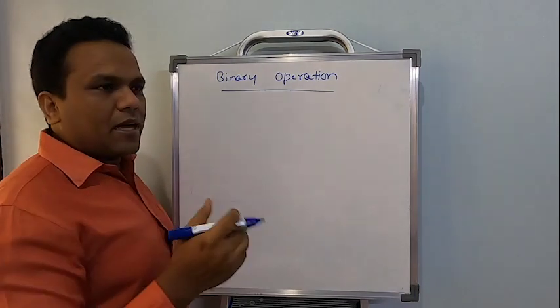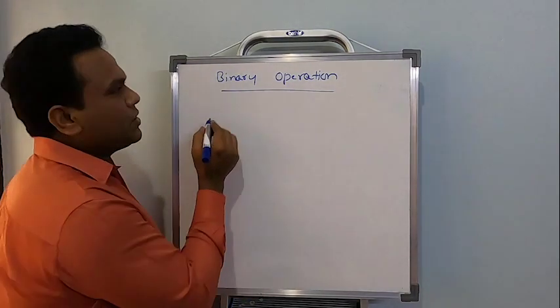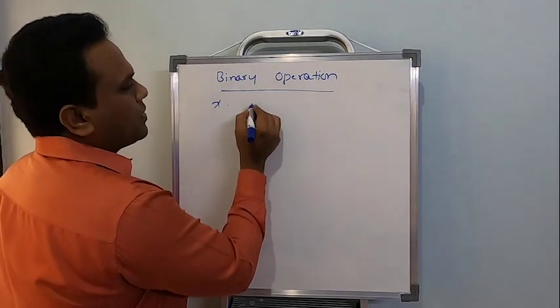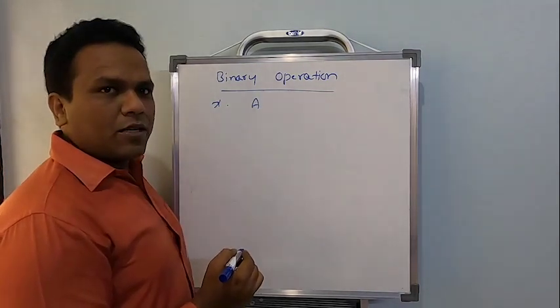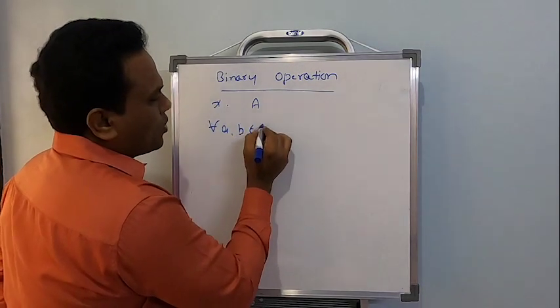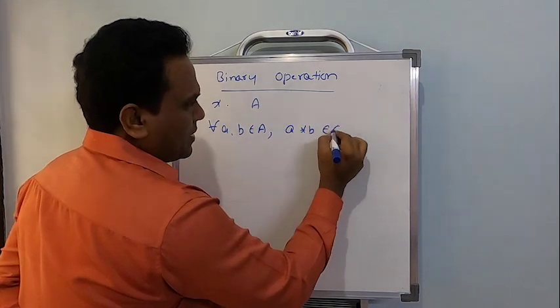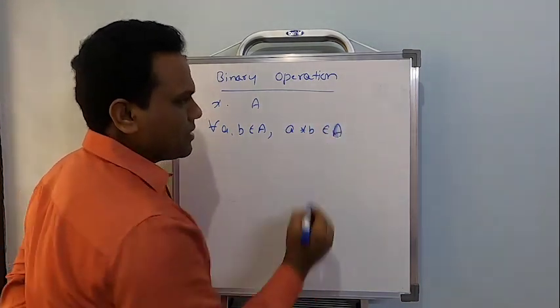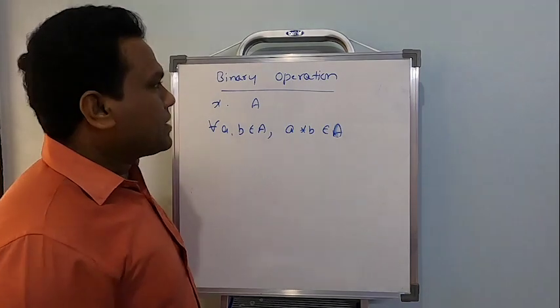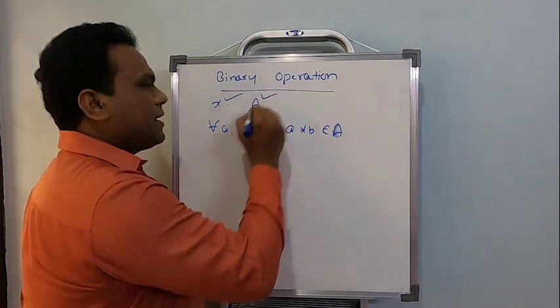A quick recapitulation: any operation star, if it has to be a binary operation on a non-empty set A, then for any two elements belonging to the given set, whenever star is applied between them, the resultant element also belongs to the same set. In such a case, star will be called a binary operation on the set A.